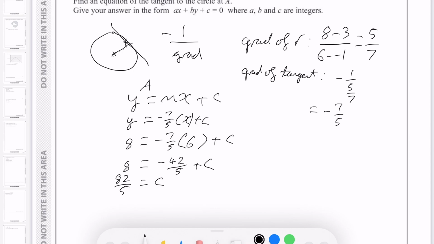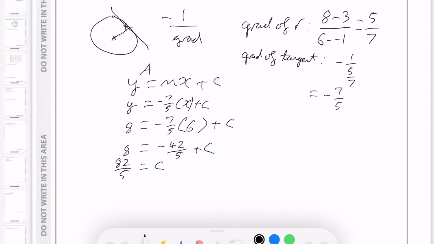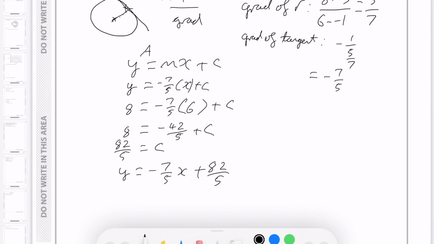So now if we substitute that back into our equation, we've got y is equal to -7 over 5 x plus 82 over 5. Times everything by 5 to get rid of the fraction here. So we end up with 5y is equal to -7x plus 82.